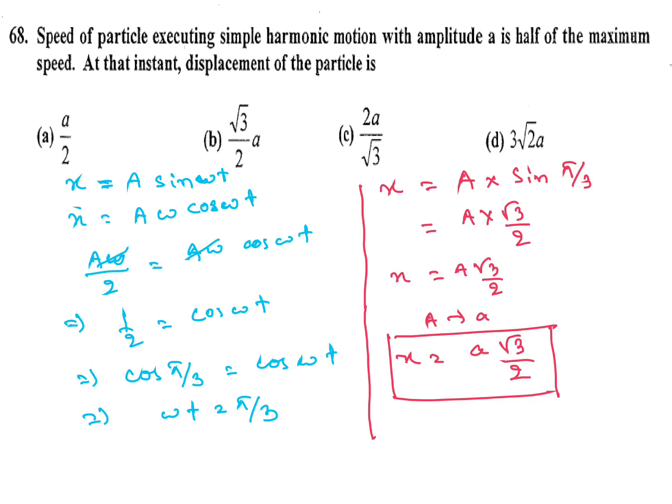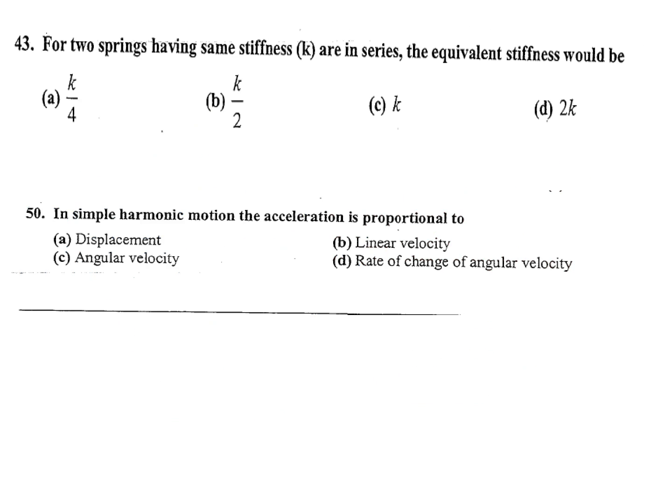From the options, B is our answer. For two springs having same stiffness K in series, the equivalent stiffness would be how much? We know equivalent for series connection is K1 into K2 by K1 plus K2.